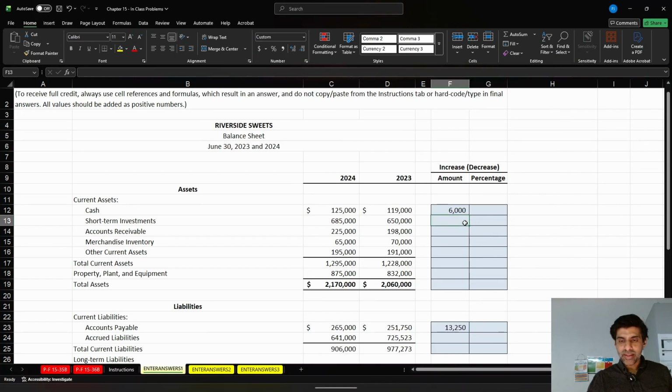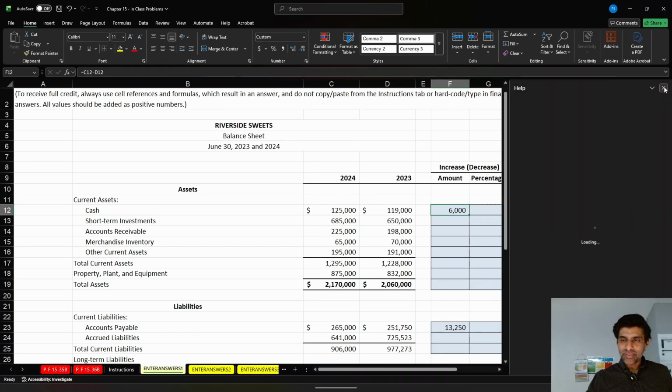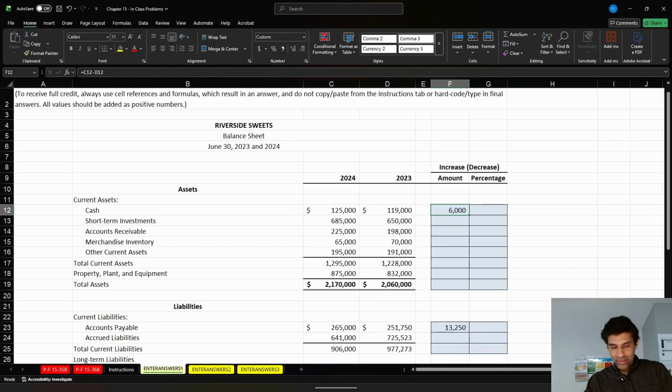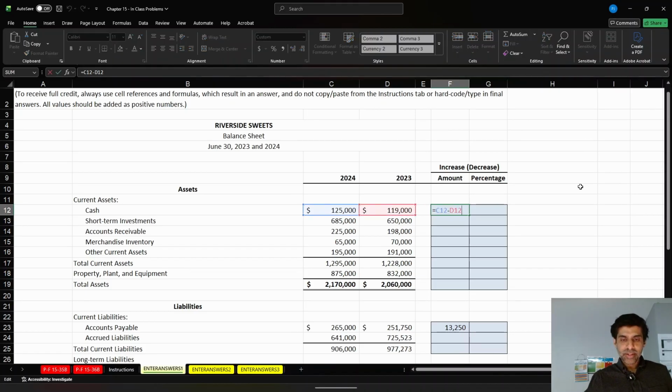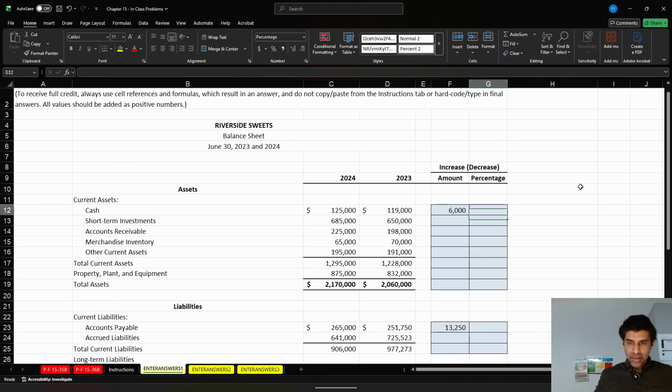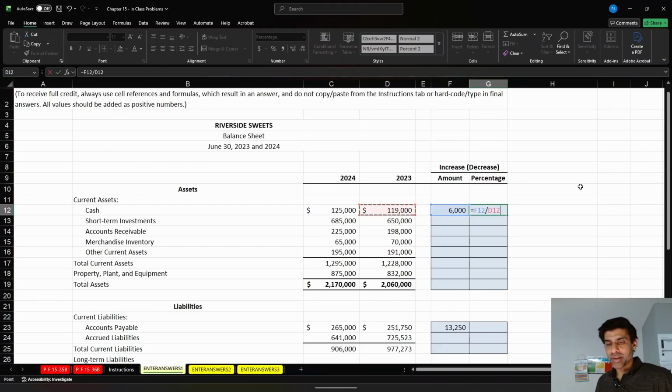Okay, so hopefully I kind of gave you the formula for calculating the change, which again is just 24 minus 23. And then the percentage change is just the change divided by the base year, which is 2023.